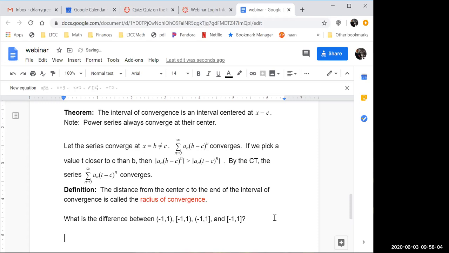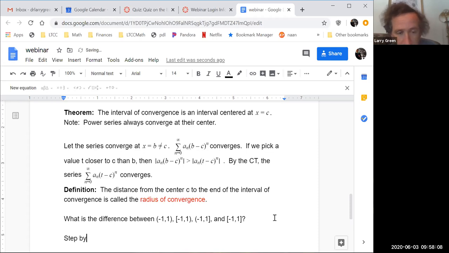Okay, so let me give you this step-by-step process of finding the interval of convergence.